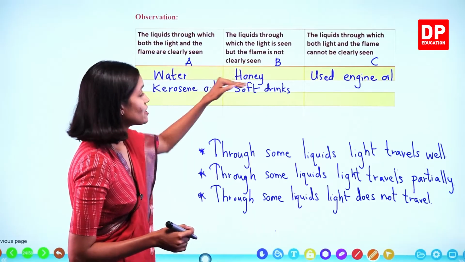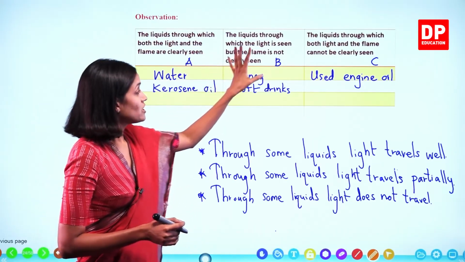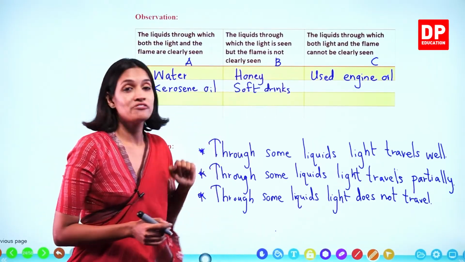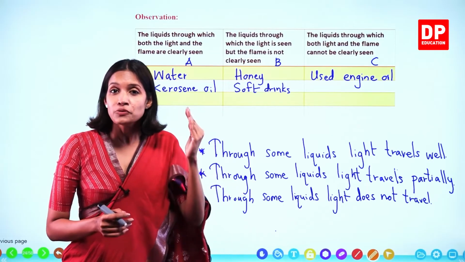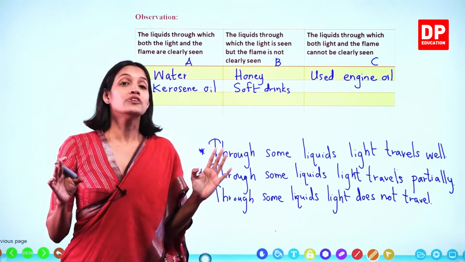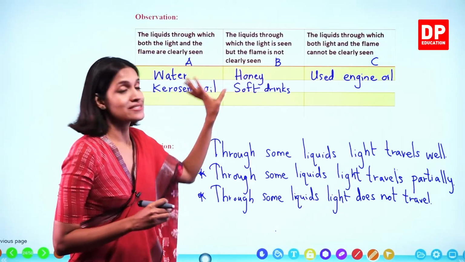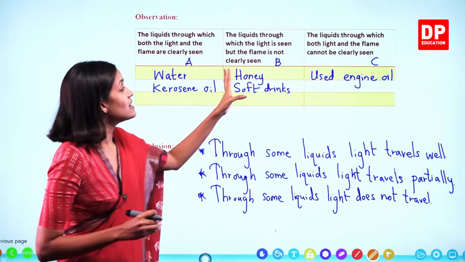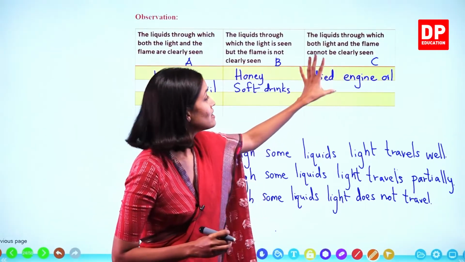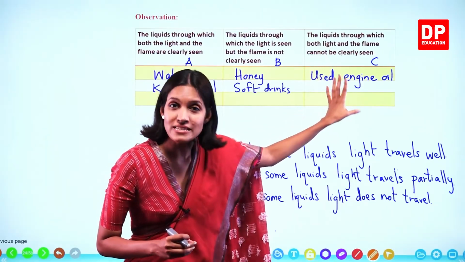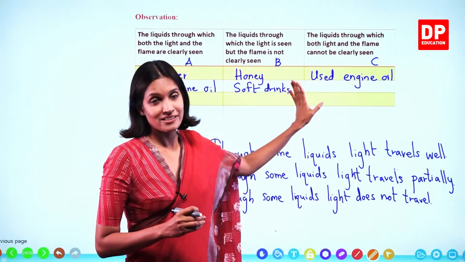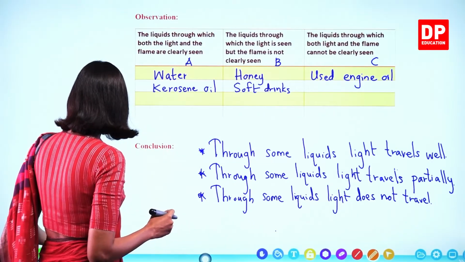When you take honey and soft drinks, and if you light a candle and look through these types of liquids, you can see the light clearly, but you cannot see the flame clearly. Therefore, these are known as translucent materials. And C, opaque, which means light does not travel through these materials at all, right? So we will write that too.